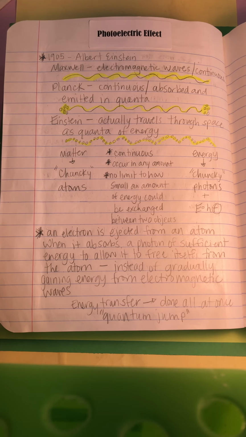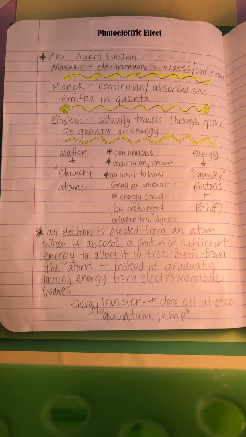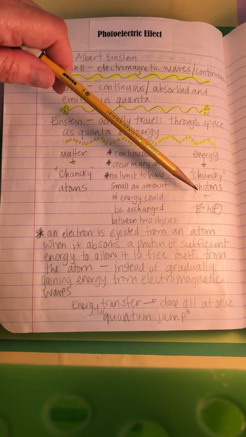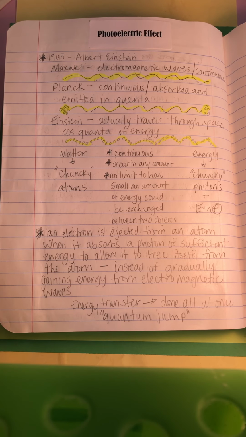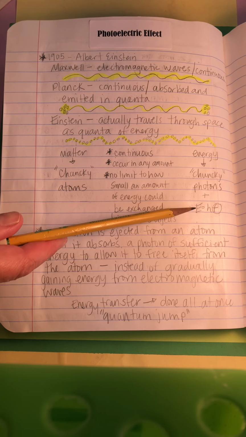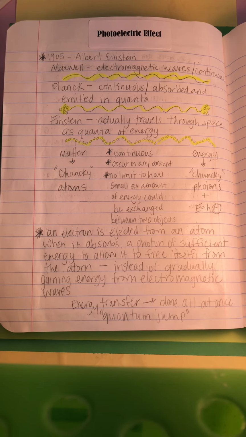But just as a visual, the smaller parts of matter come down to its constituent atoms. And the same thing with energy. The smaller parts of it come down to these little packets of energy called photons. And the frequency is going to determine the energy of the photons. You can have different levels of energized photons.